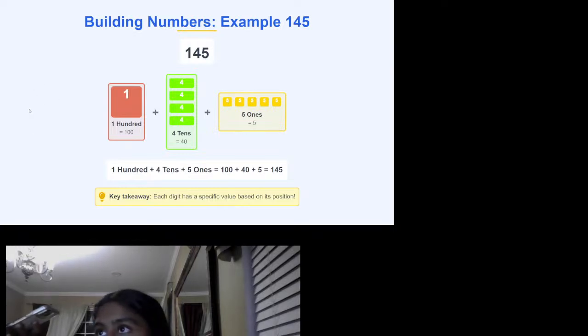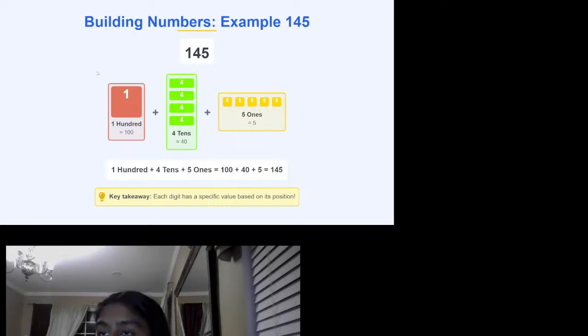Okay, so continue our lesson. 145. So this is a 100 flat, which equals 100, plus 4 ten rods, which equals 40, and 5 one blocks, which equals 5.